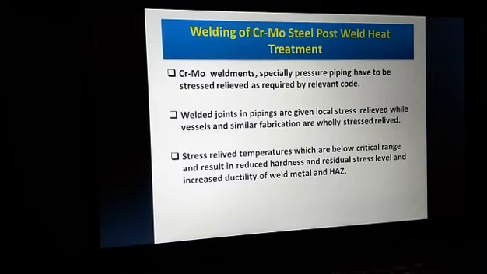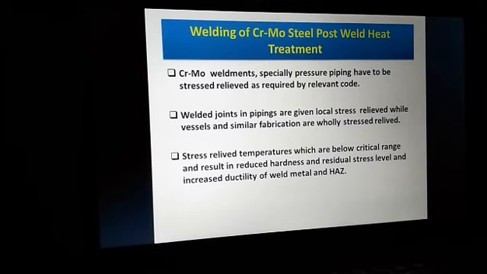Welding of chromium moly steel, post weld heat treatment. Chromium moly weldments, especially pressure piping, have to be stress relieved as required by the relevant code. Welded joints in piping are given local stress relief, while vessels and similar fabrications are wholly stress relieved.